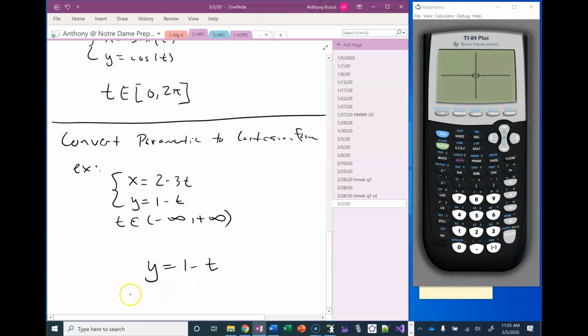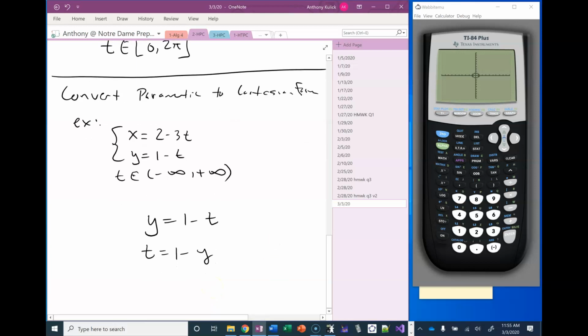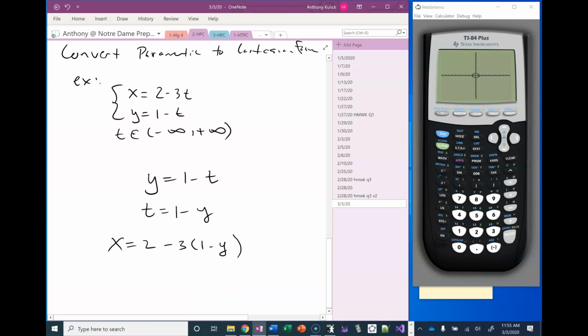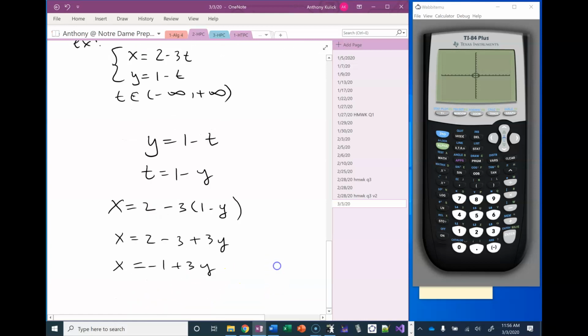So to solve for t, maybe I add t to the other side and subtract y from the other side. That gives me this. I can then substitute that into my other equation. And I clean things up a little bit and I get this.